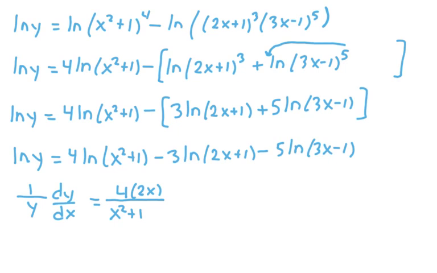That's chain rule. Minus 3 over (2x plus 1) times the derivative of that inside, which is 2. Minus 5 over (3x minus 1) times the derivative of 3x minus 1, which is 3. Okay?